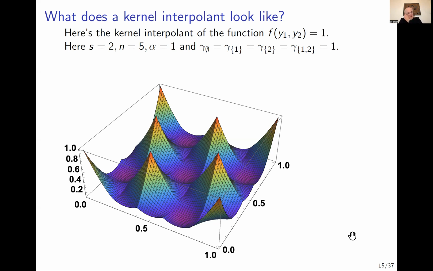And just to look ahead, why is that so bad? That's bad because of the weights in there. Remember there's a weight for each subset. So the weight for the empty set is 1. Now that sets our standard, that's defined. But the weight for all the other subsets, of 1 alone, of 2 alone, 1 and 2 together, are all equal to 1.